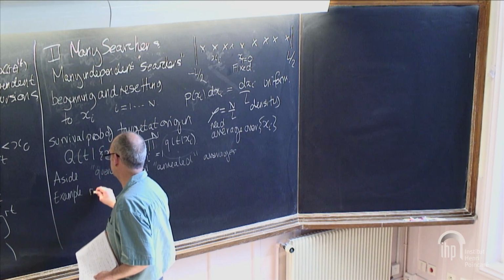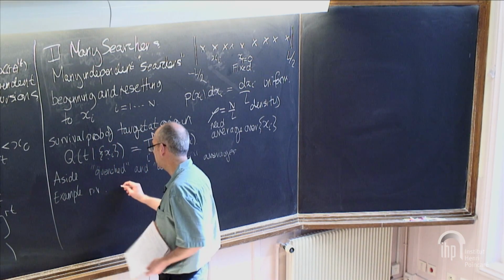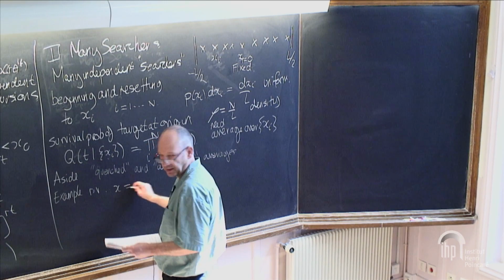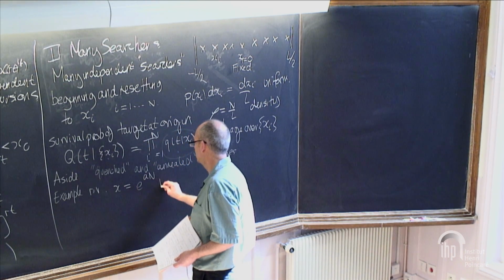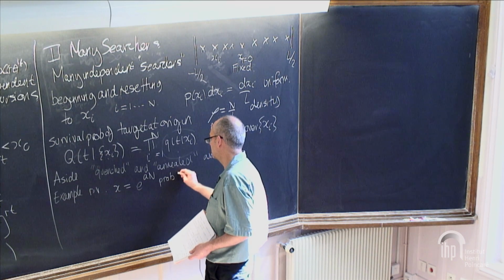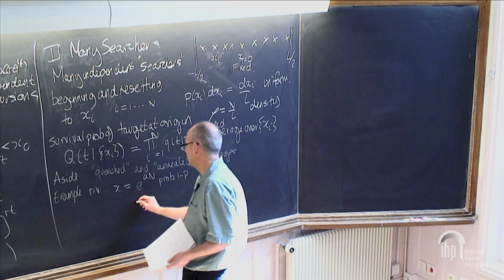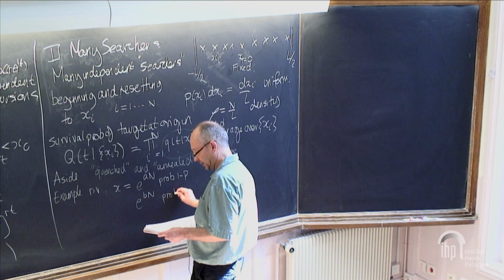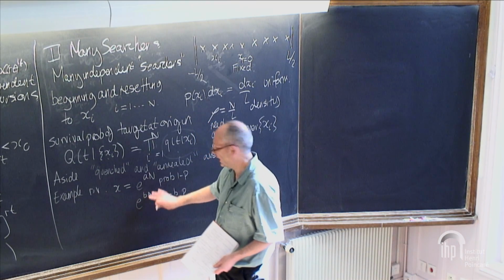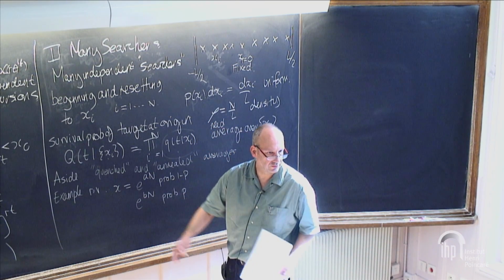If I have a random variable, let's say x, that takes two values: e to the an with probability 1 minus p, and e to the bn with probability p. And I want n to be large.